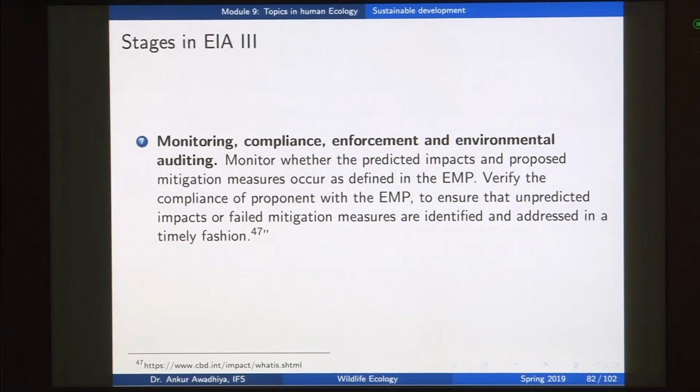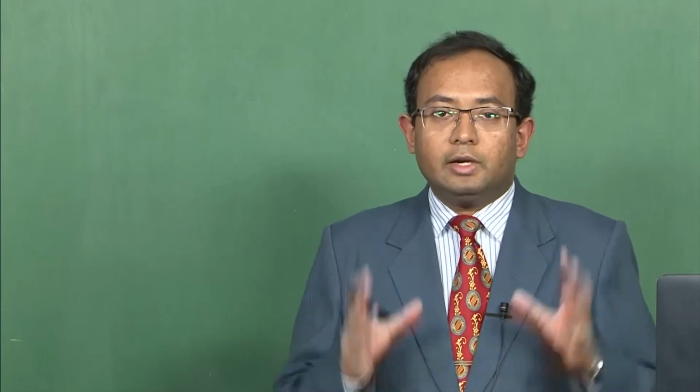And after this decision and once this project is on, the last stage is monitoring, compliance, enforcement and environmental auditing. So, for instance, in the case of a mining project, we said okay, we will give a go ahead to this mining project, but then they need to treat their effluents.